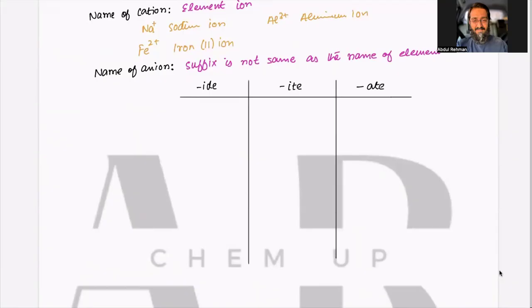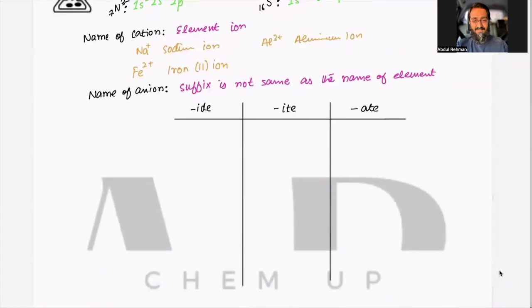So it means, for example, if it's Cl-, Br-, I-, F-, what are we going to call them? Now they are not chlorine, bromine, iodine, and fluorine. They are going to be named chloride, bromide, iodide, fluoride. Okay. Is this clear?